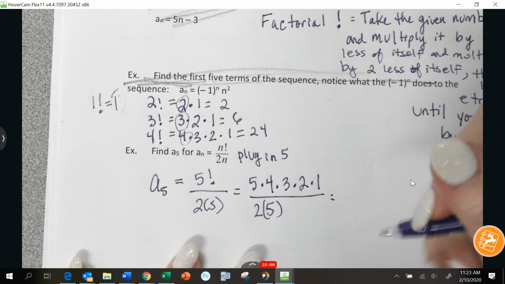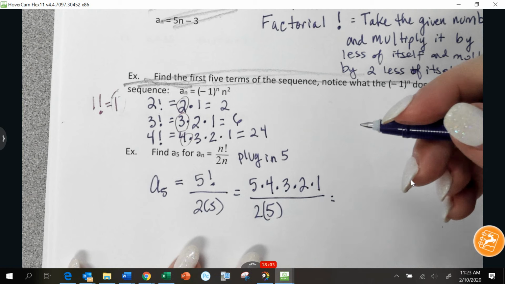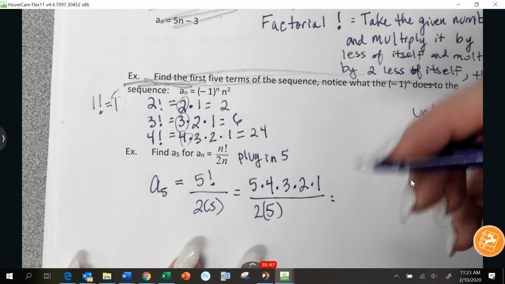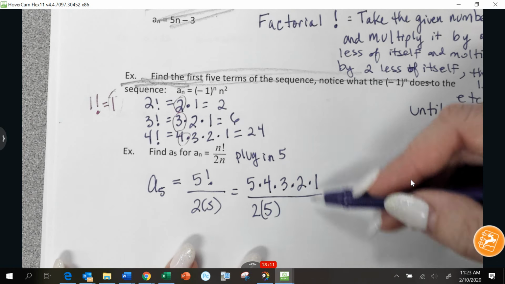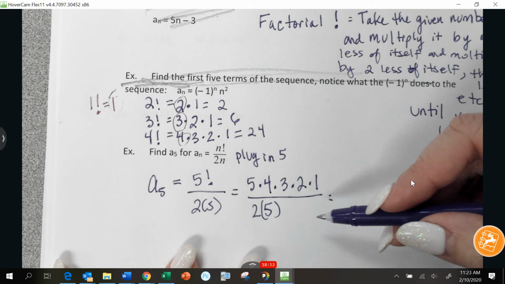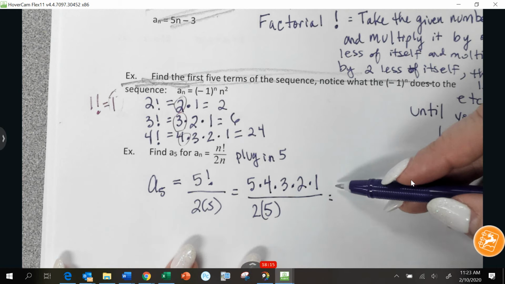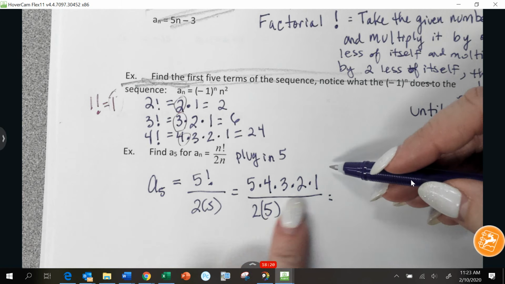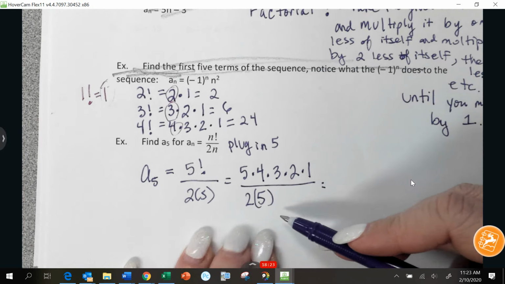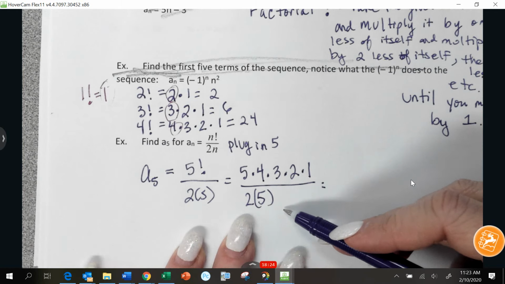Okay, so you could multiply that out, but I'm actually not going to, because after I multiply it out and I multiply the bottom, I am going to see if it simplifies. So I like to see if it simplifies before I waste my time and multiply this out. Are there any factors on top, numbers being multiplied, that would cancel with factors on the bottom?